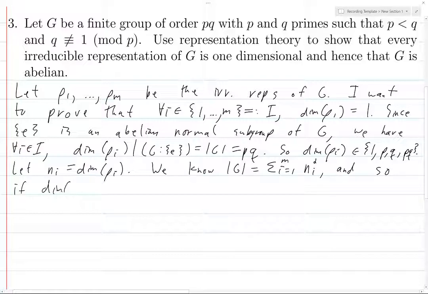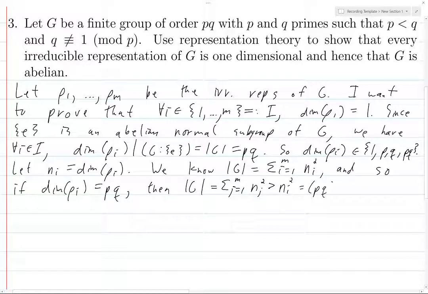So if the dimension of rho i happens to be equal to PQ, then the order of G, the sum from J equals 1 to m of Nj squared, is going to be strictly greater than this particular Ni squared, but we know that this is PQ squared, which is strictly greater than PQ equals G. And so Ni is not equal to PQ.